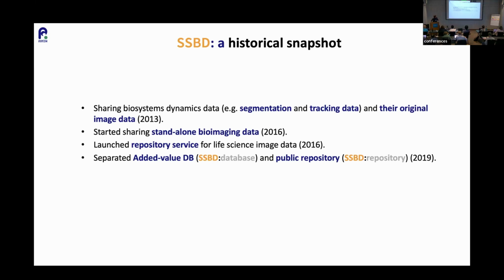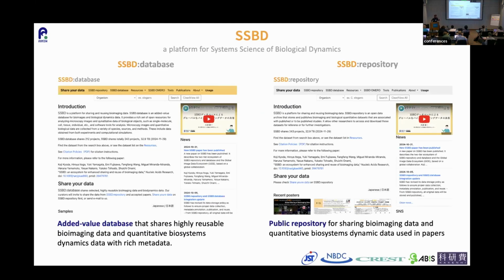In 2019, we separated the added-value database, the SSBD database, and the public repository, the SSBD repository. So now the SSBD has two layers: the database and the repository.